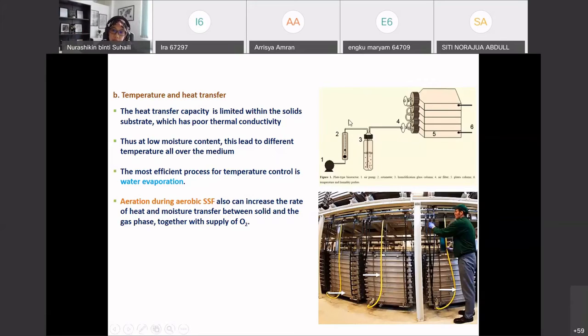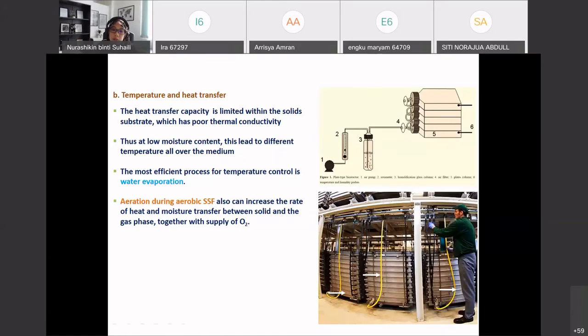This normally happens in industrial or pilot scale. We don't have this kind of practice in lab scale. Another way to reduce the temperature and heat transfer is by aeration. This is for aerobic SSF. So aeration is the provision of air. You provide the air, the process is called aeration.